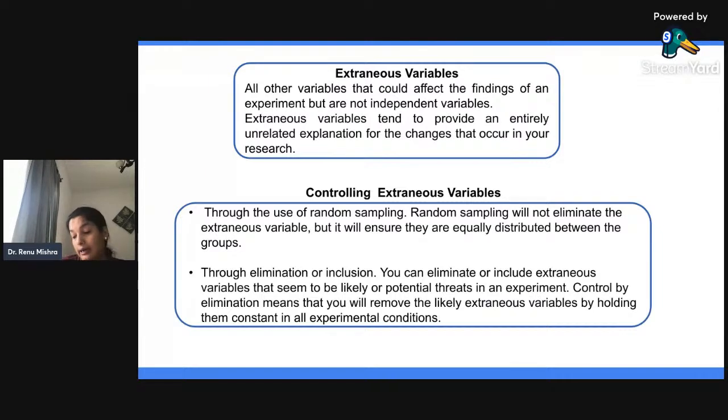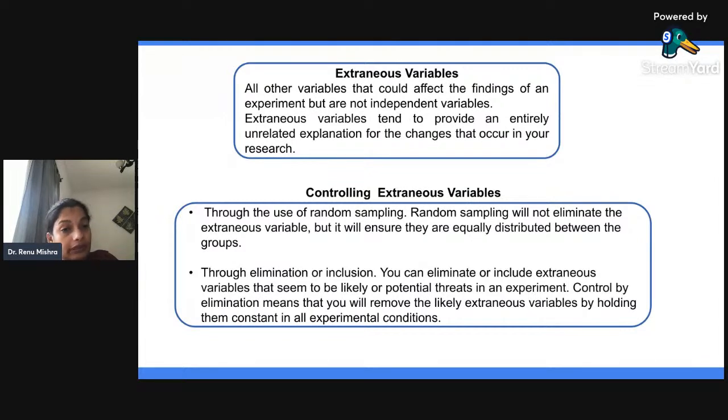When you are deciding your sample characteristics and settling your research protocols, you may decide your inclusion and exclusion criteria, and you may actually control your extraneous variables.